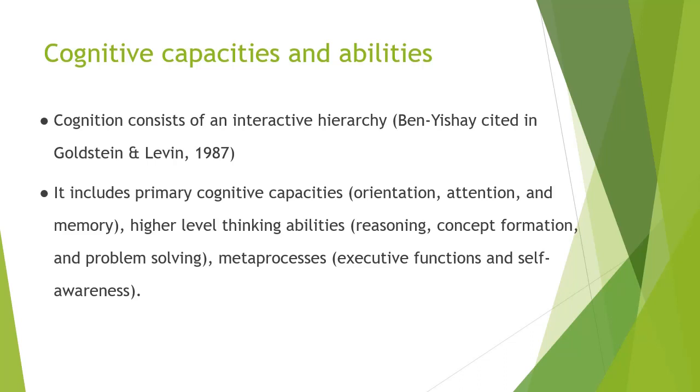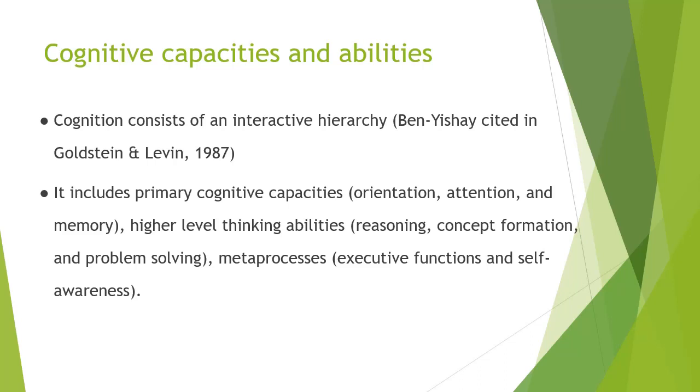Coming to the next slide, cognition consists of an interactive hierarchy. It mainly consists of three things. First, primary cognitive capacities, which are orientation, attention, and memory. Second, higher level thinking abilities, which are reasoning, concept formation, and problem solving.